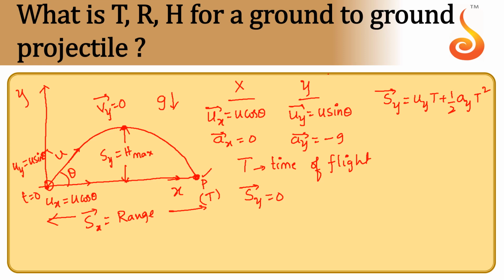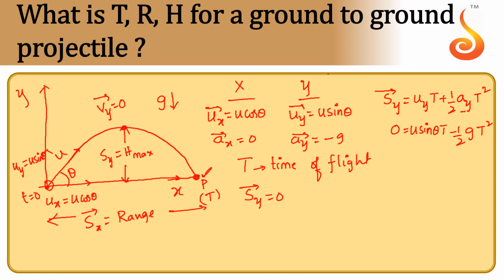Since displacement along y direction after completion of the whole journey is 0, and initial velocity along y direction is u sin theta times t minus half g t square, because acceleration along y direction is minus g.